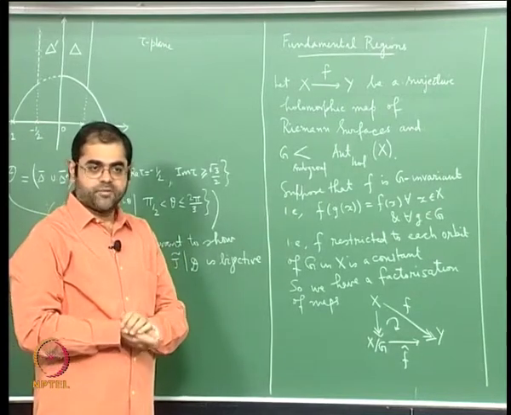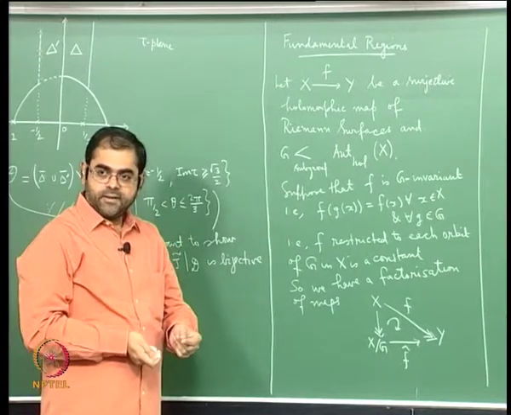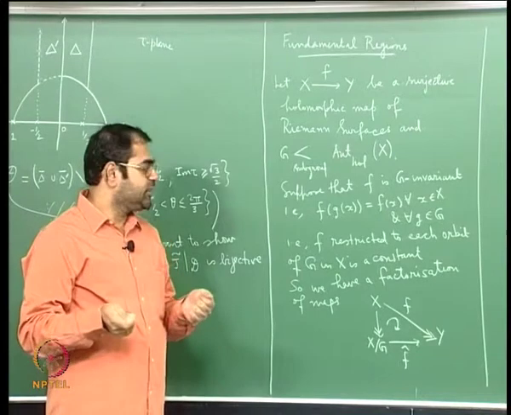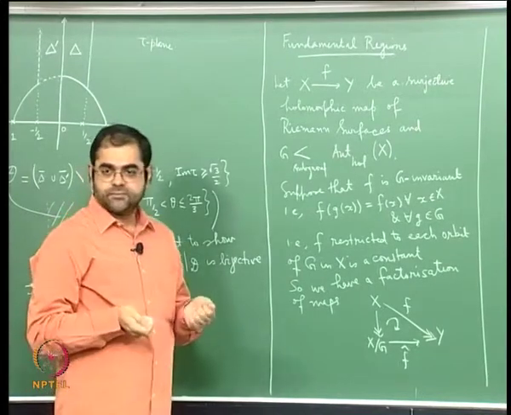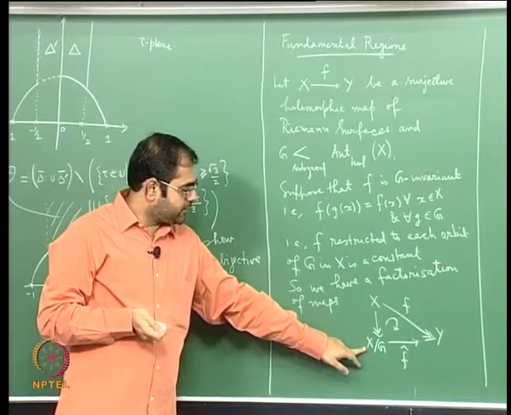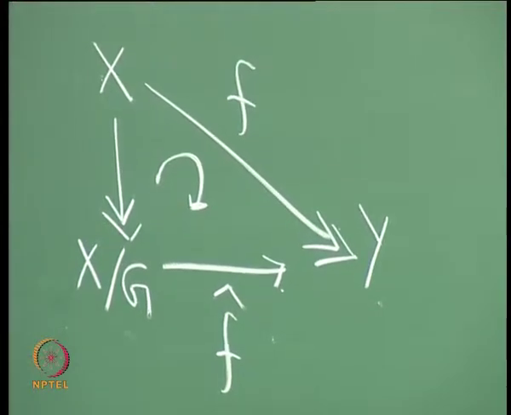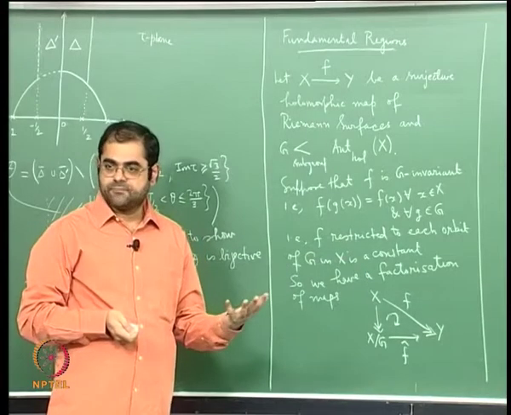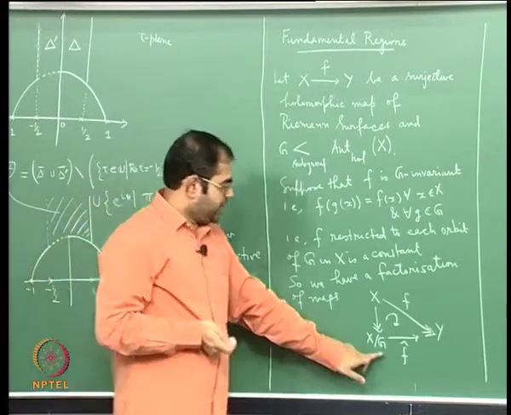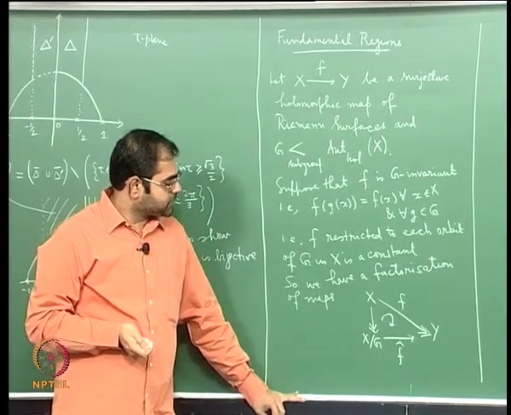So it is not open, the interior is open, but you have added a part of the boundary such that F restricted to that set is surjective, and the translates of that set by G cover all of X. So in other words, let me write this down.